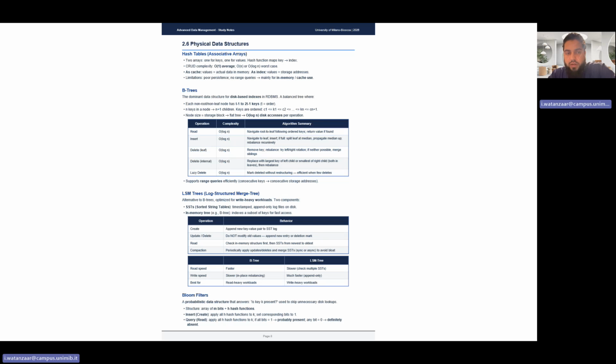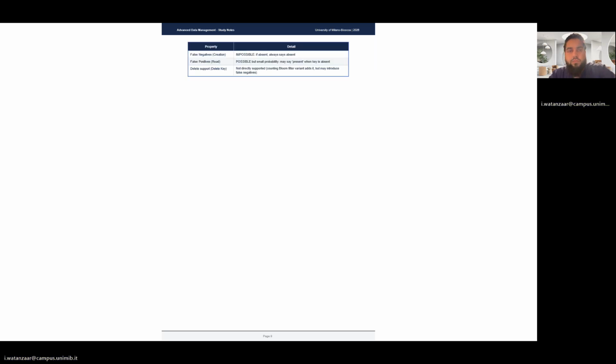When the query reads, apply all h hash functions to k, and if all bits equal 1, it is probably present. They will say yes, it is present, and if any bit equals 0, definitely they will say it is absent. The last property: false negative in the create case is impossible.